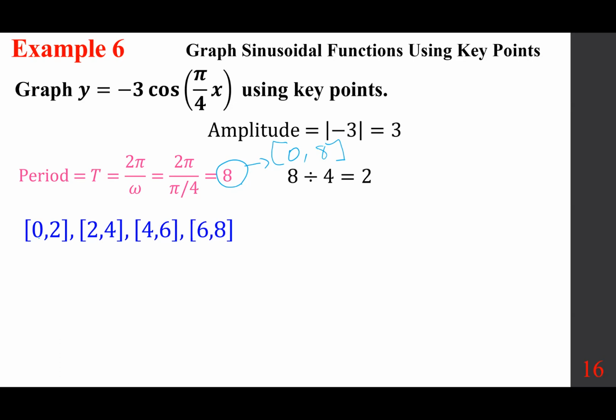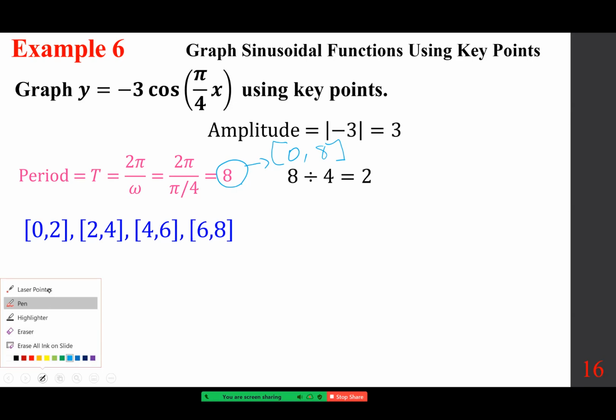So for 0, we have to plug in 0 to see what we get. And you can plug in 0 here because that's the endpoint. If you plug in 0, you get cosine of 0, which is 1, times negative 3 gives you negative 3.